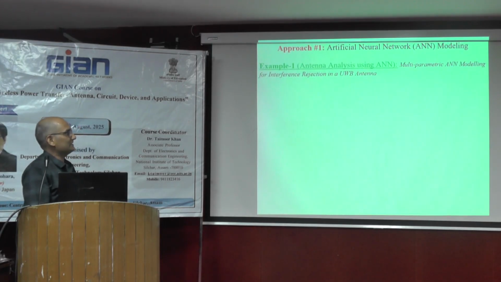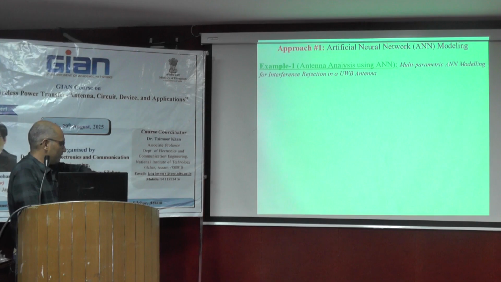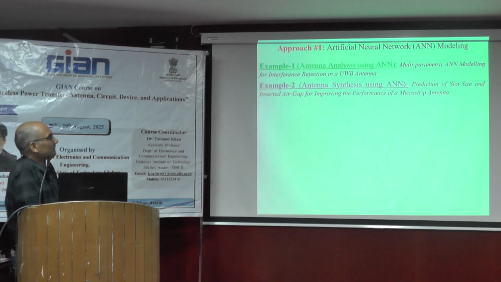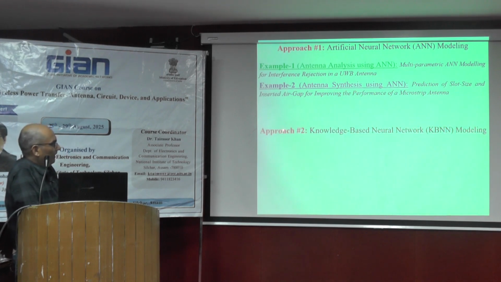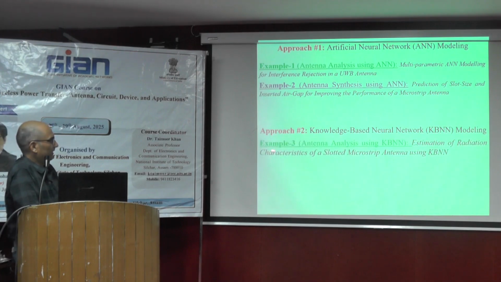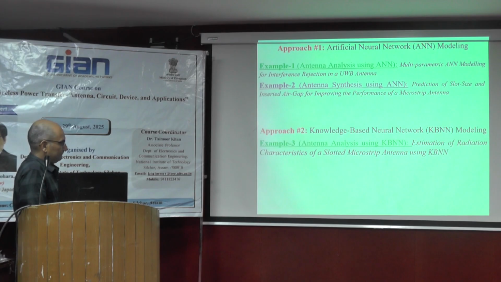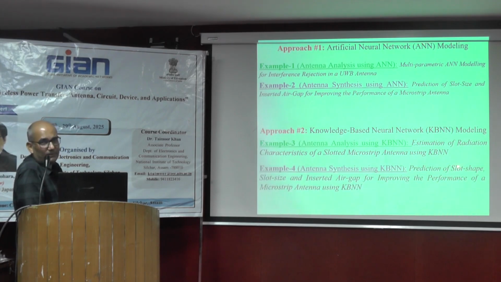Here, 4 different examples I will try to cover if time permits. First one is analysis modeling using ANN, then synthesis using ANN. Approach 1 means the traditional approach. Approach 2 is the more advanced knowledge-based neural network modeling, with 2 examples: analysis using KBNN and synthesis using KBNN.